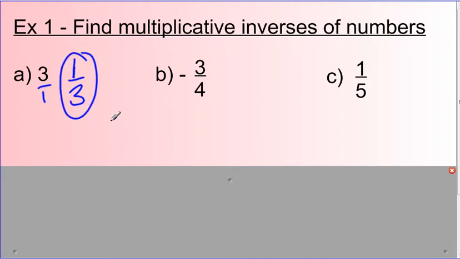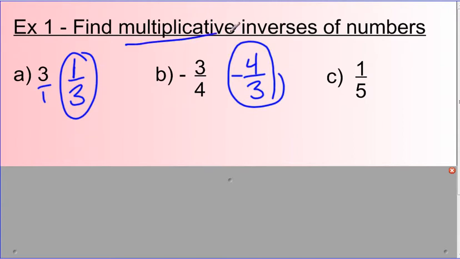That's the multiplicative inverse. Okay, -3/4. Now that is a fraction, so now we just flip it. 4 goes on top, 3 goes on the bottom. Don't forget your negative. Boom. Multiplicative inverse done. Most people never call it this. Most people call it a reciprocal.